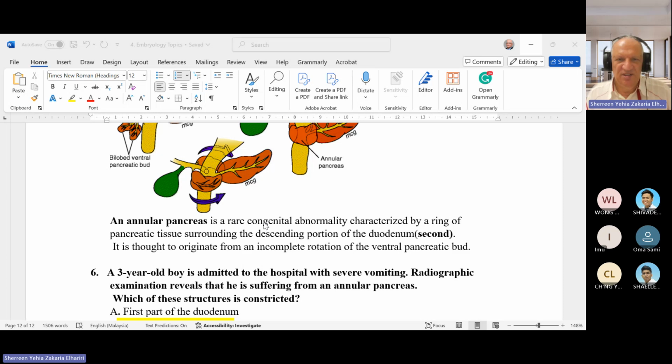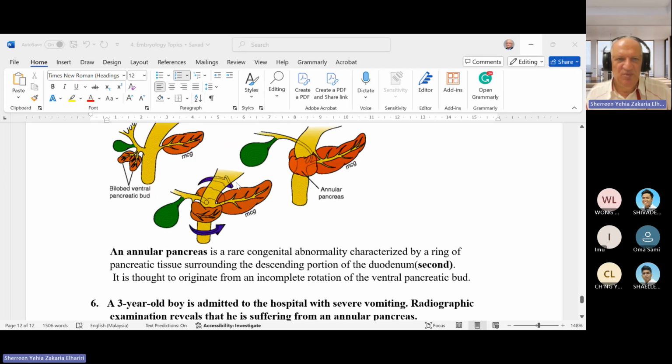It is a rare congenital anomaly, a ring of pancreatic tissue surrounding the descending portion of the duodenum, the second part. It is incomplete rotation of the ventral pancreatic bud. The bud fails to rotate to become medial in the curvature of the duodenum, and we call it annular pancreas. It is a very common question.